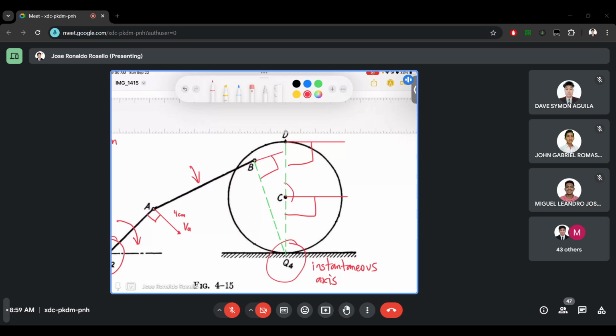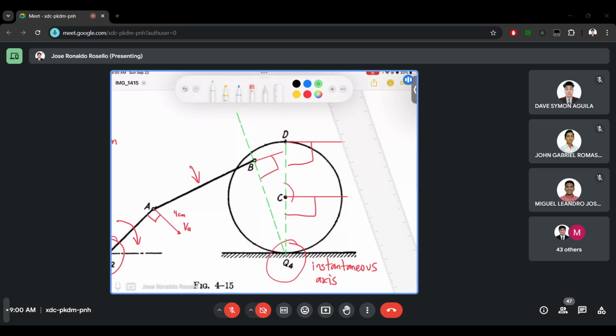Meaning, if they are on the same link, these two, we can have an instantaneous axis. How do we determine the instantaneous axis of A and B? We make a line perpendicular to their direction of the vector. I will make a perpendicular line here.